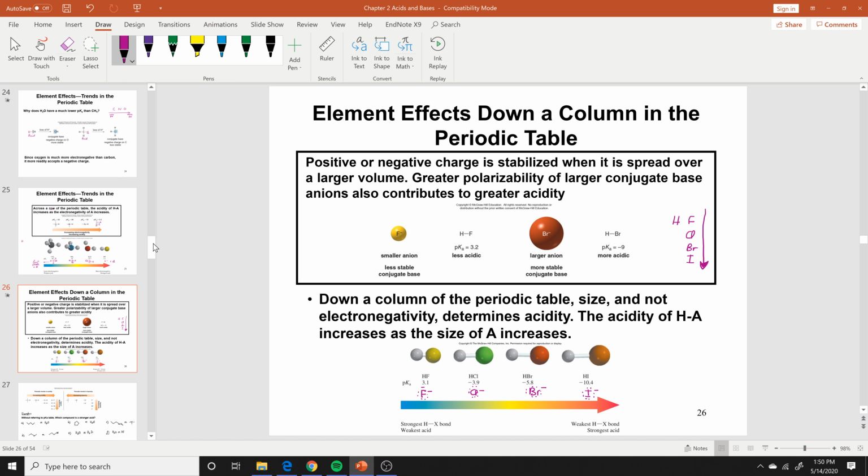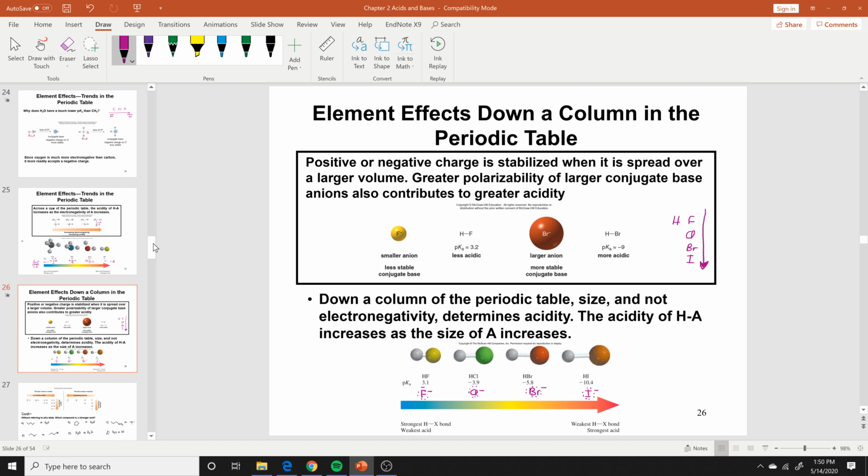Now, take a look at this negative charge. See all of these electrons, they present an electronic cloud around the I minus over there. The negative charge is spread over a larger surface area. And this is why the size of the anion really matters in its stability.